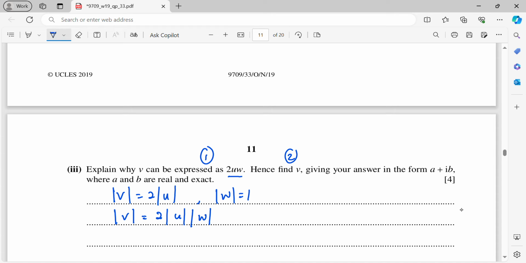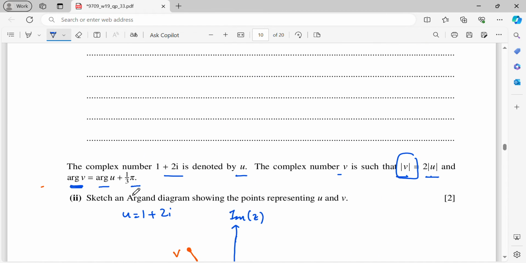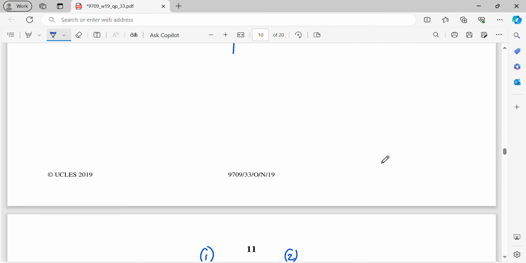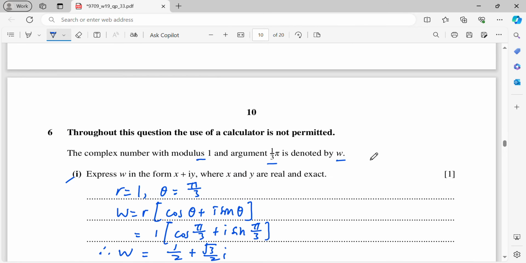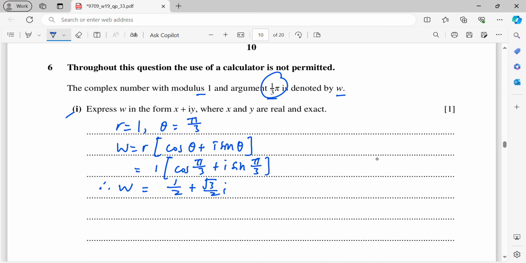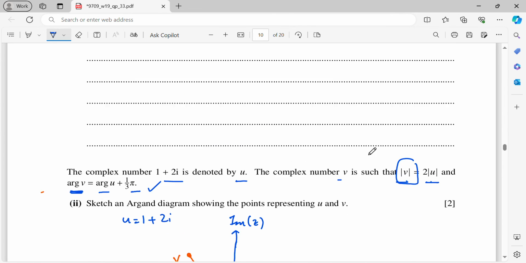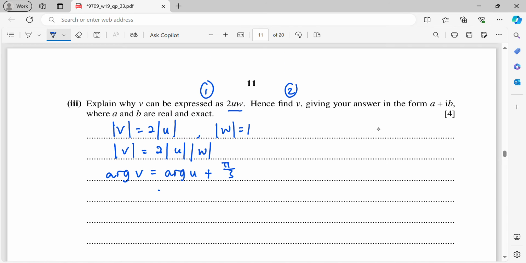And then at the same time, argument V equals argument U plus pi over 3 from the previous part, right? So here, plus pi over 3. So from the previous parts, you are given that the argument of W is pi over 3.